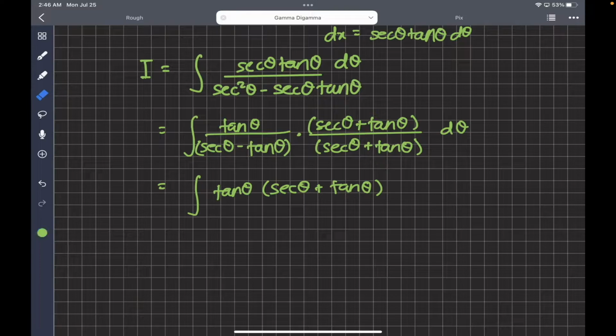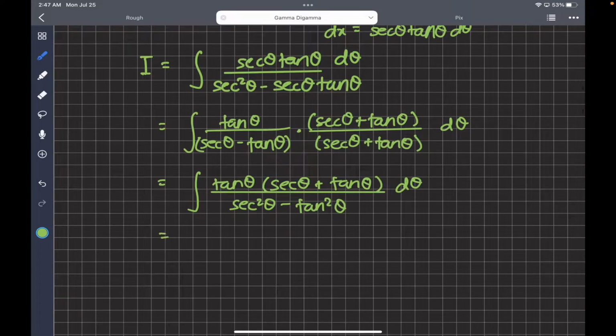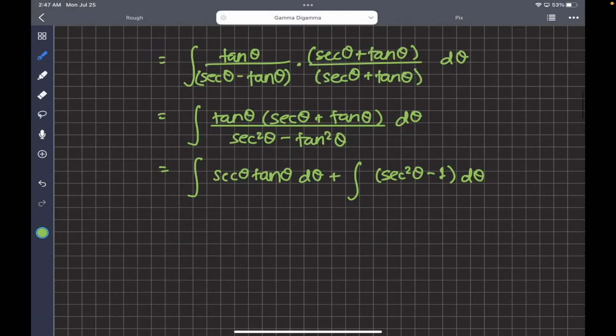Maybe I'll just write it down because I might be going too fast right now. So secant squared theta minus tangent squared theta d theta, which just means the denominator has gone away, and we have secant theta tangent theta d theta and a tangent squared theta, which I will choose to write as secant squared theta minus 1, because this helps us to integrate everything nicely.